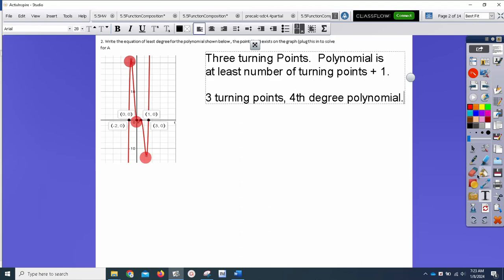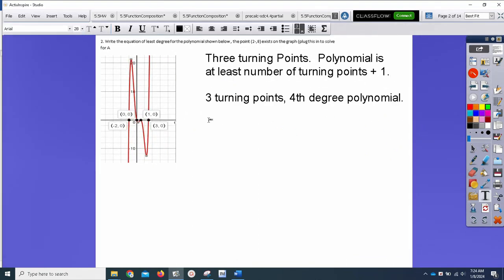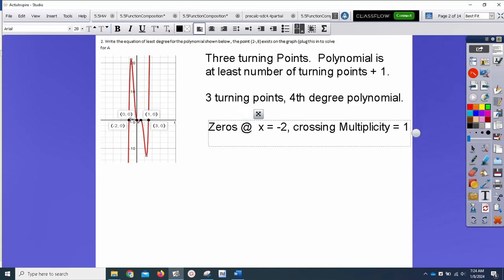All right, some other stuff here. Where are my zeros? I have zeros at x equals -2 right there. And if you look at it, it's crossing. So the multiplicity is 1.